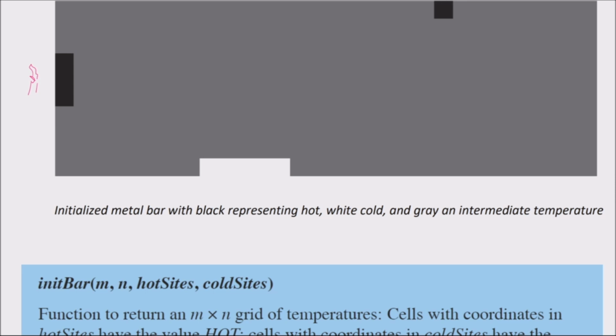Just go there and burn here as well, right? So it will be burned, and then here we have cold, right? So this is cold right here, right? And yeah, so that's how we initialize this.